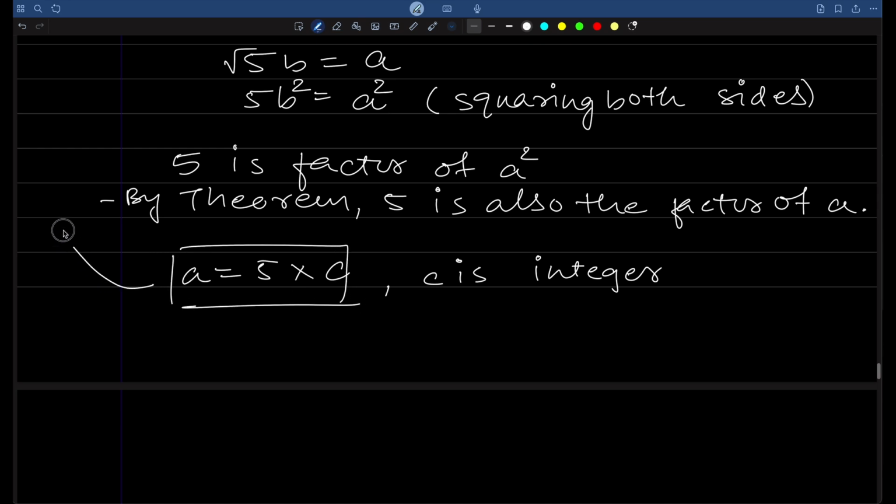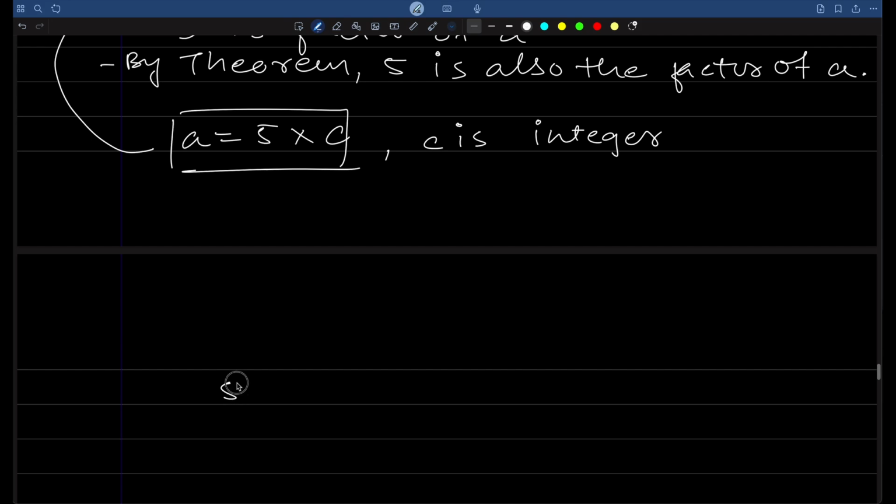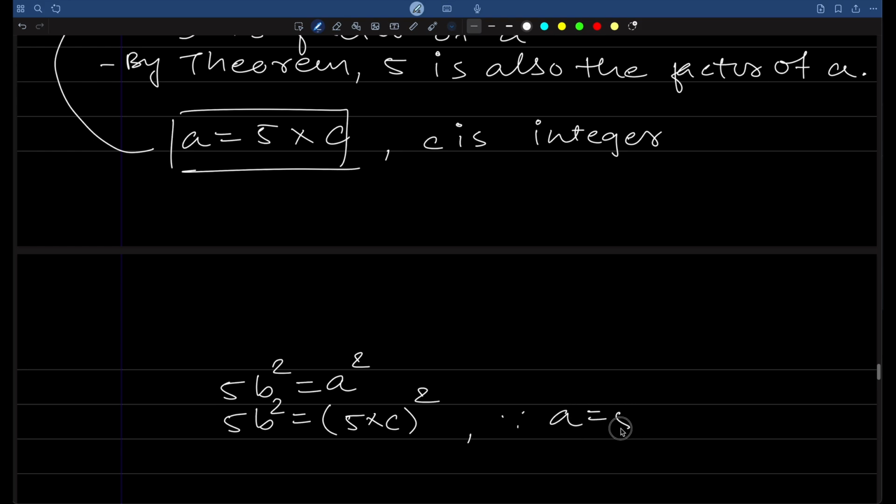Now put a equals 5c in this equation, 5b square equals a square, where a equals 5 into c.